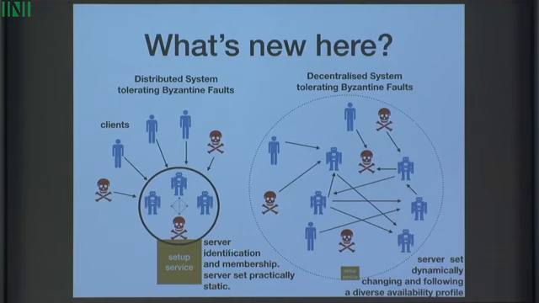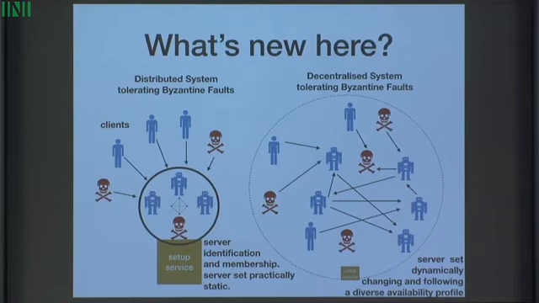Classically, server identification and membership was practically static: you had these n servers giving you consensus, and maybe some of them are malicious. In this setting, there are no n servers.